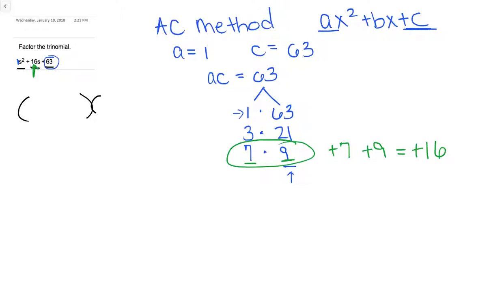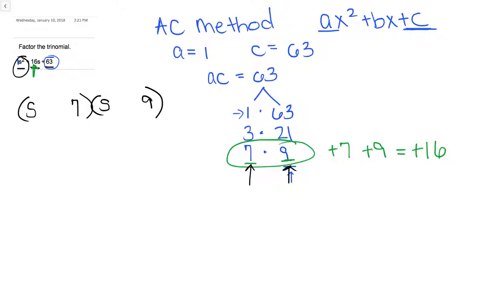So here I'll just create a template of my binomials. And in the first position of each binomial, I'm going to have the s, because s times s gives me the first term of s squared. Next, I'm going to select the factors that I just found, the 7 and the 9, and I'm going to place them in the last position of each set of parentheses.